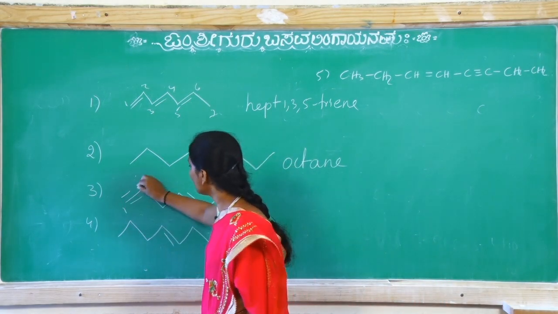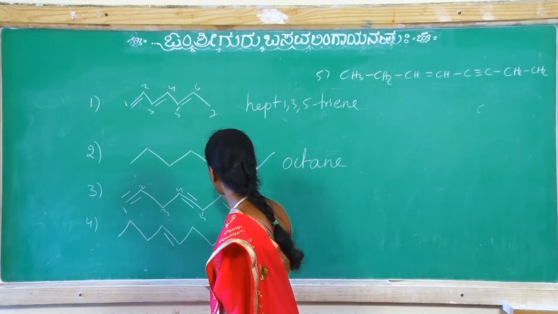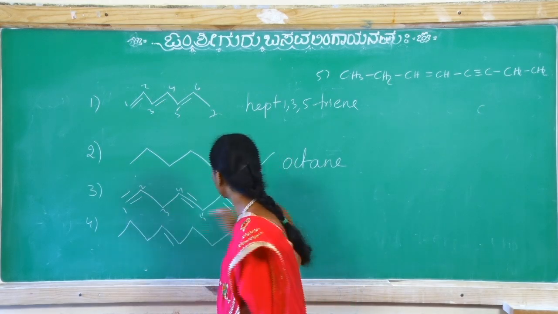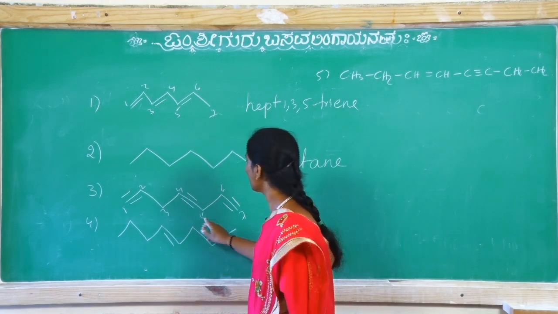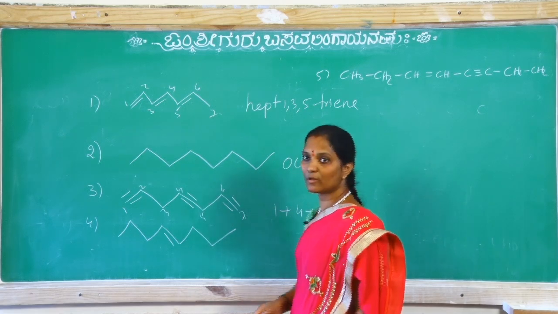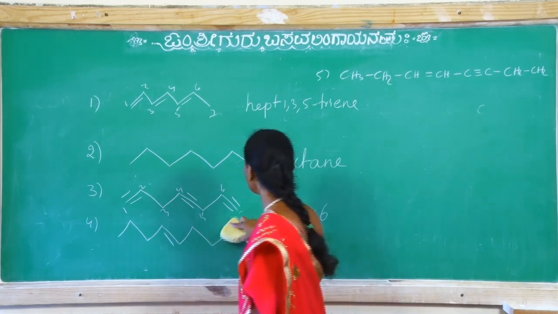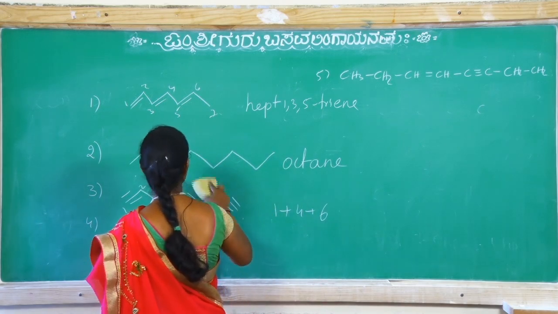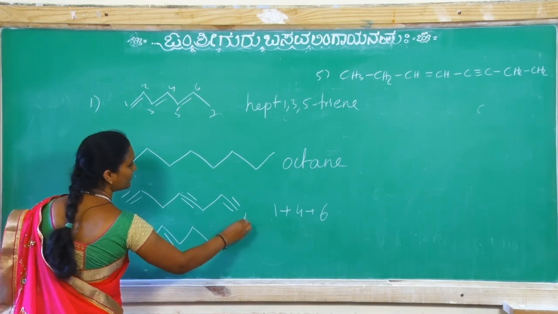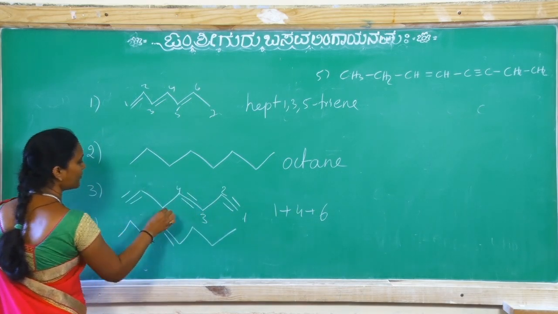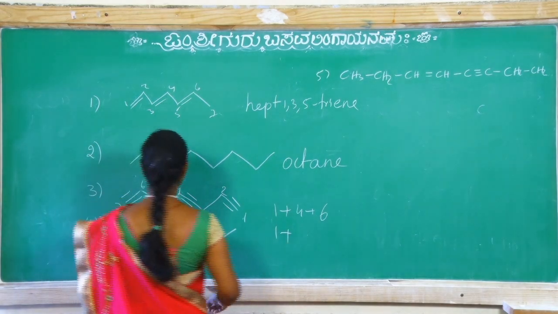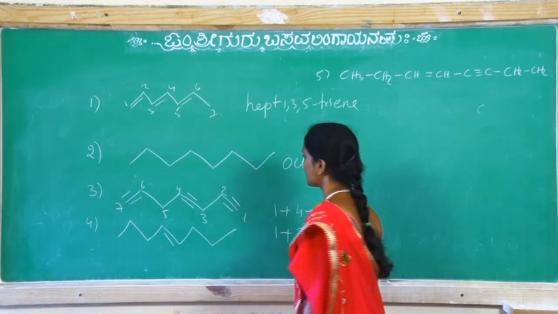1, 2, 3, 4, 5, 6, 7. If like this numbering given, 1 plus 4 plus 6, 7, 6. Okay. If numbering this side given, 1, 2, 3, 4, 5, 6, 7. 1 plus 3 plus 6.